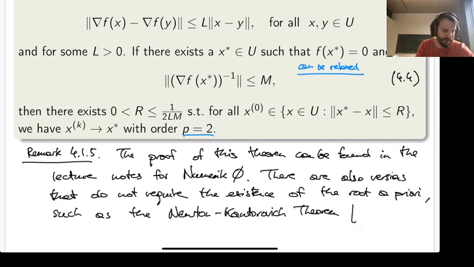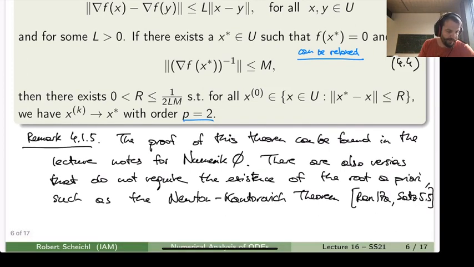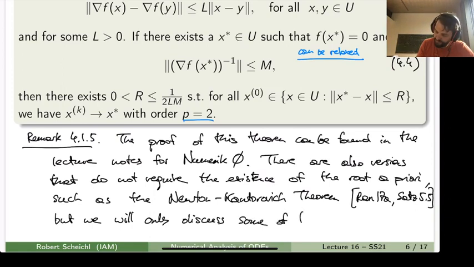You can find a statement and a proof of that in Rannacher's lecture notes for numeric 1 for this course. It's theorem 5.5. That book is in German, but the math should be clear. But we will only discuss some of the main assumptions and features of that theorem.